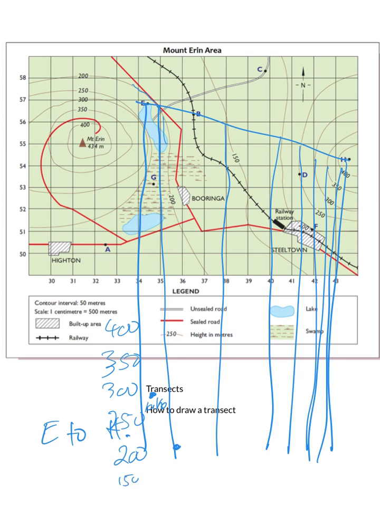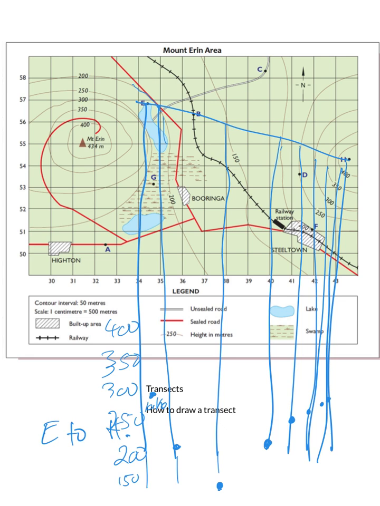Whoops, we went down to here. 150, we're going to drop down to here. This one is a 200, so I'm marking it here. 250, so we're going up a hill now. 300, 350, 400.